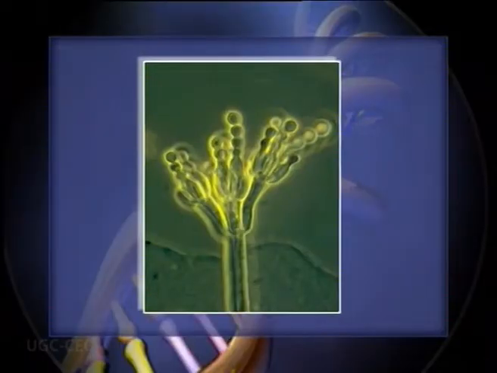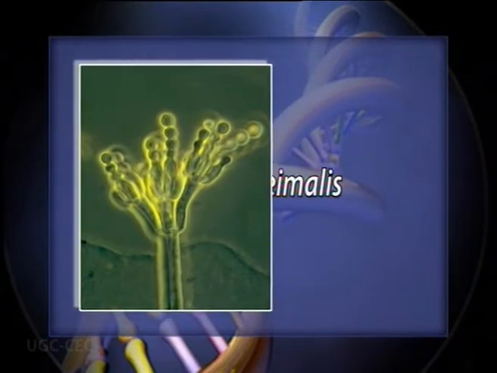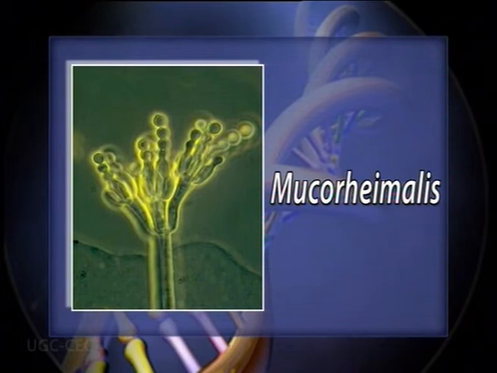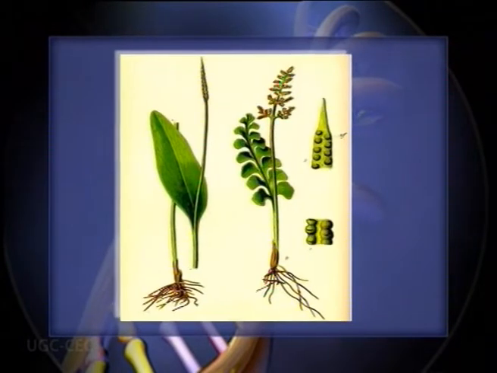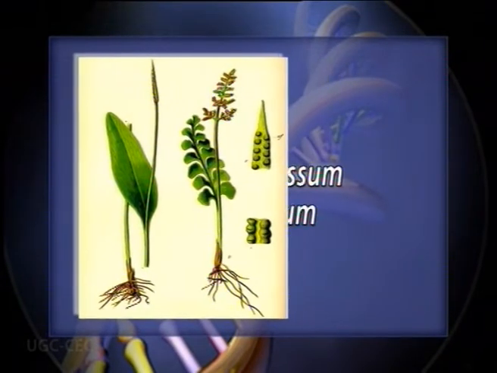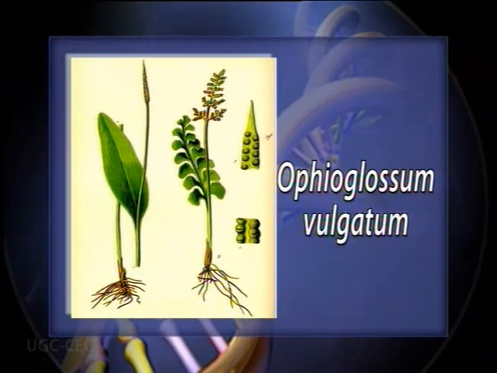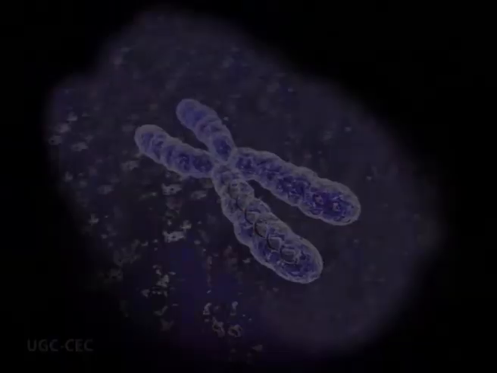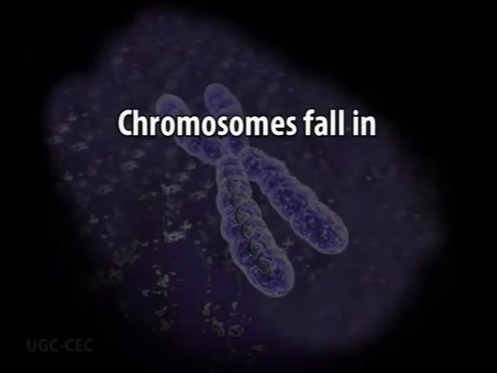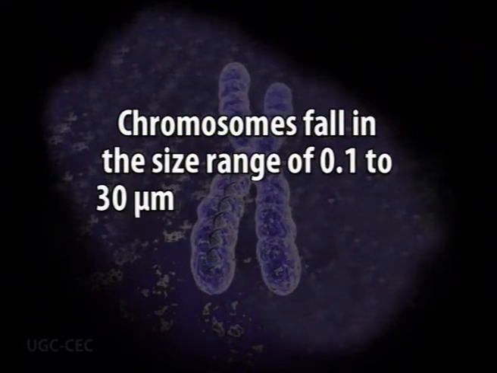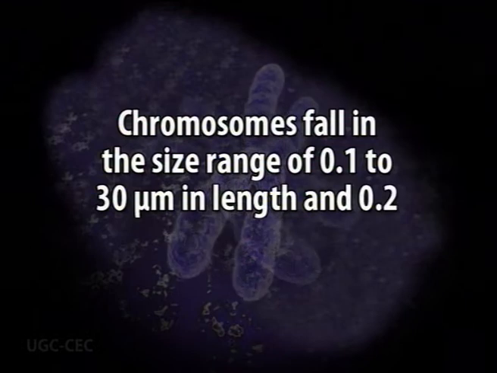In case of plants, the lowest number is found in Mucor hiemalis, a bread mold fungus, with a chromosome number of only 2, and the highest chromosome number has been recorded in Ophioglossum with a chromosome number of 1262.